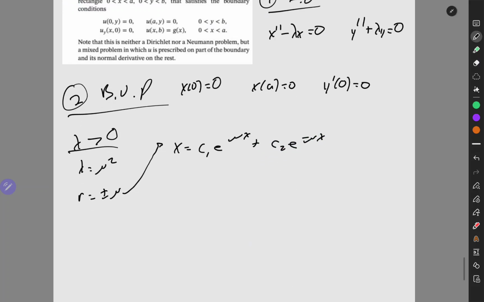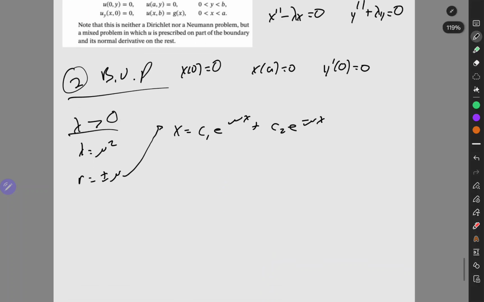No x primes, thank God. Just go right into this. So C1 is equal to negative C2.